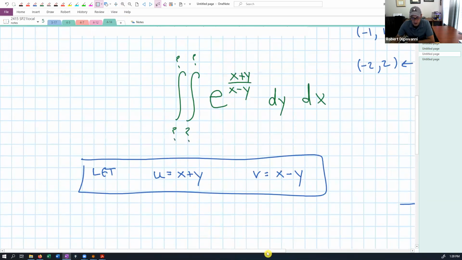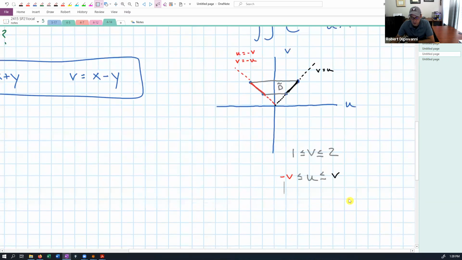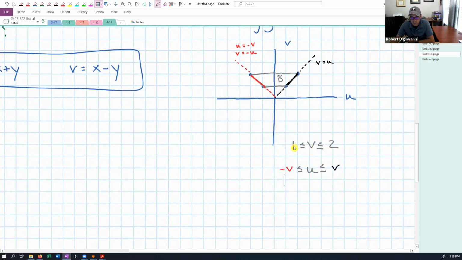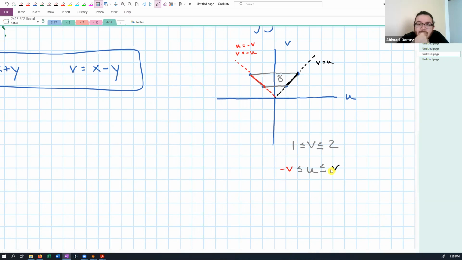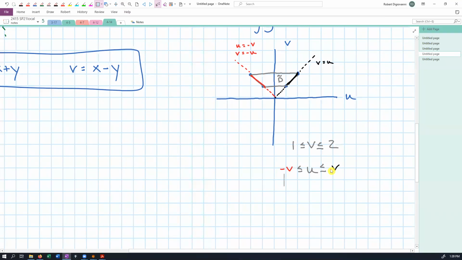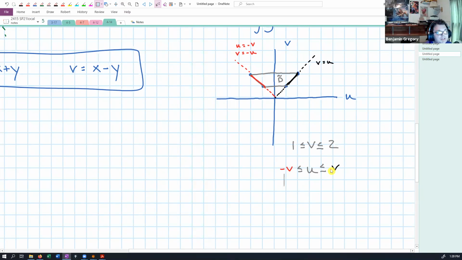I guess what you're asking me is, could we have just done, instead of this, go 1 to 2, but then go 0 to v, and then just double our answer? What do y'all think? I think that would work. Depends on the region above it. It depends on the surface above it.